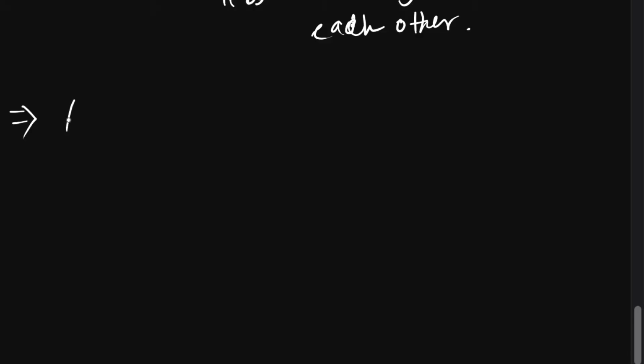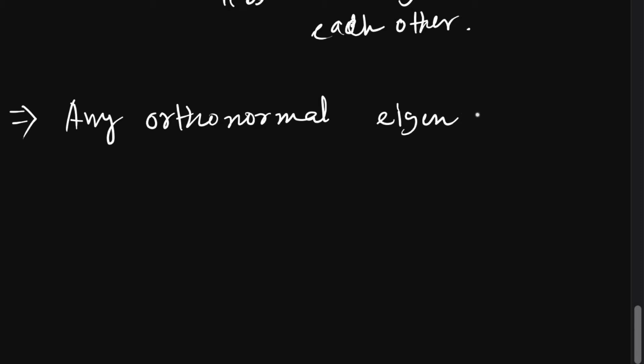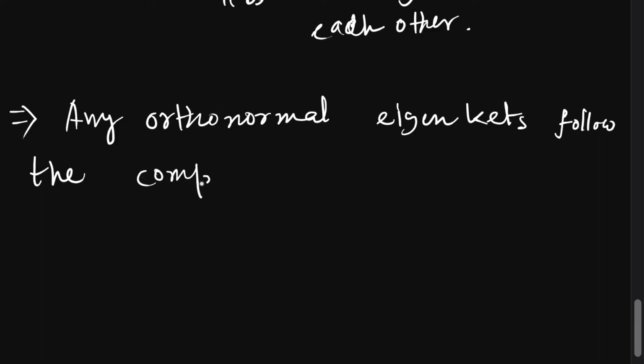Now we'll see that any orthonormal eigenkets follow the completeness relation.